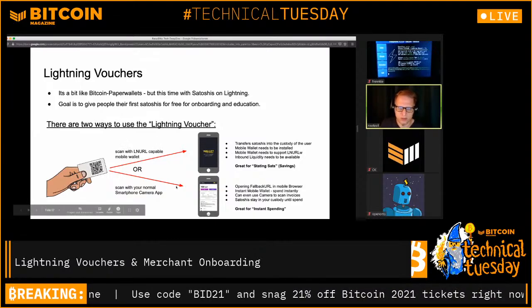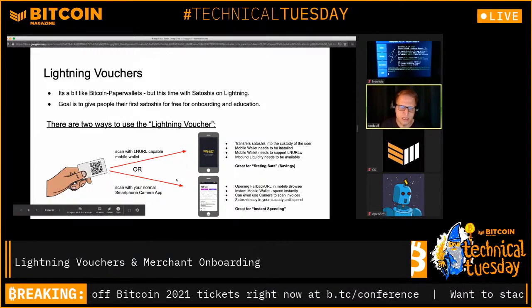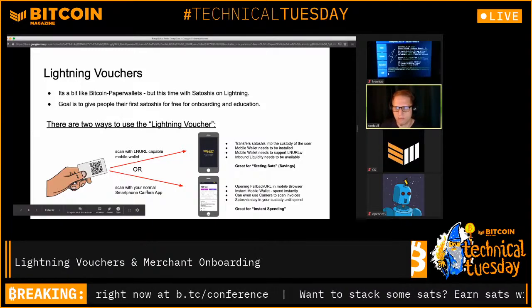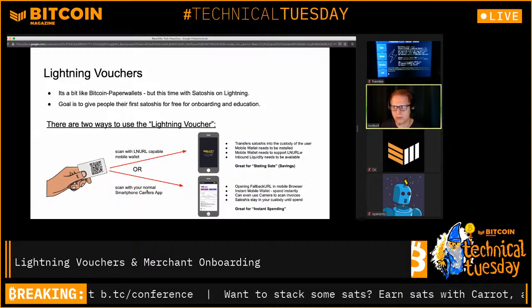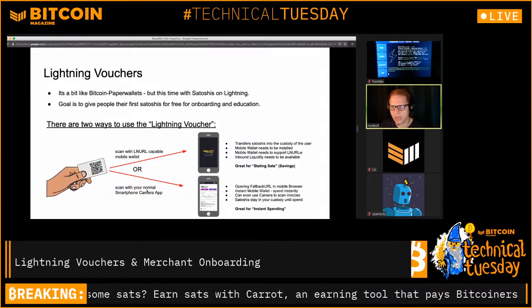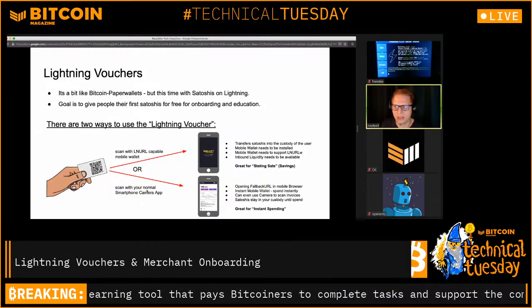The second way to use the voucher, and this is more for the instant spending, for the instant trying it out, is to scan it with your normal camera app. For example, if I look at my Samsung S9, I just open the normal camera app and point it at a QR code, and there's an HTTPS URL in this QR code.